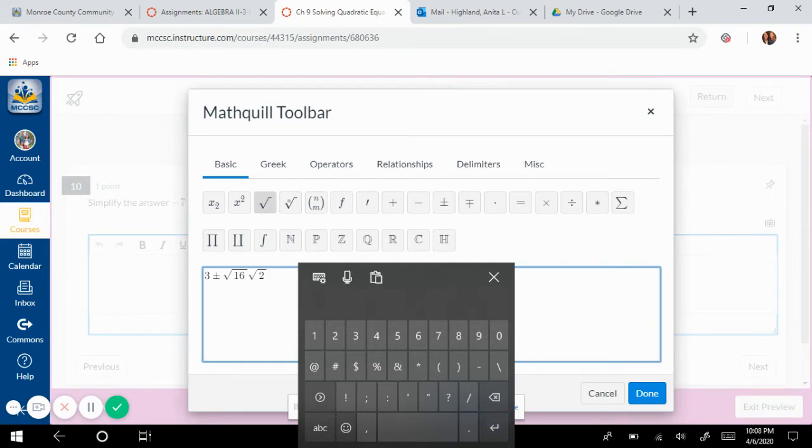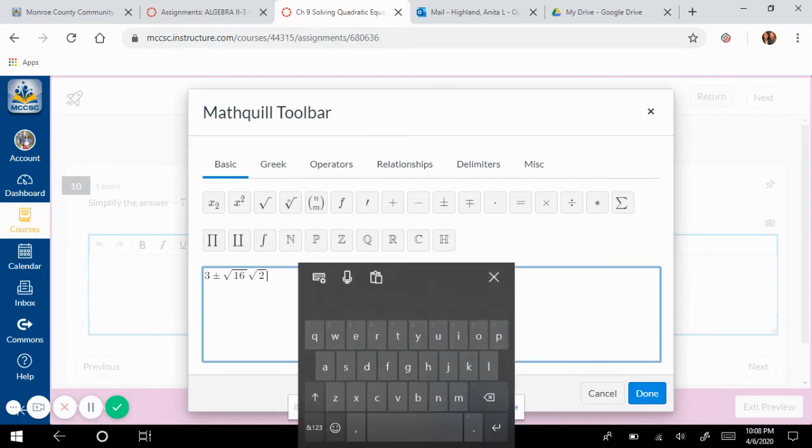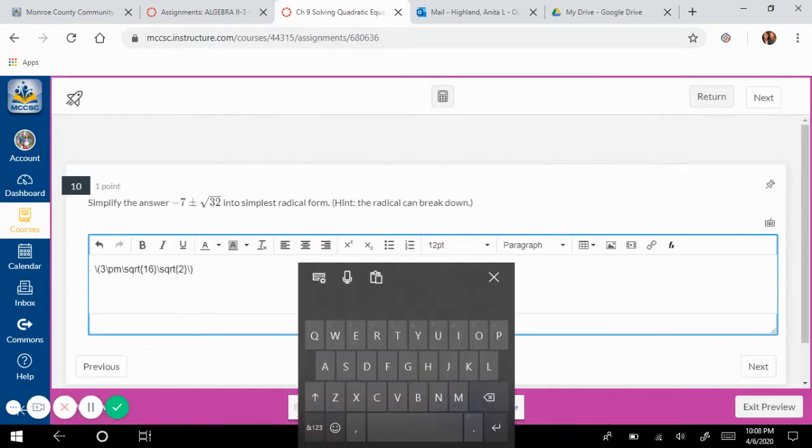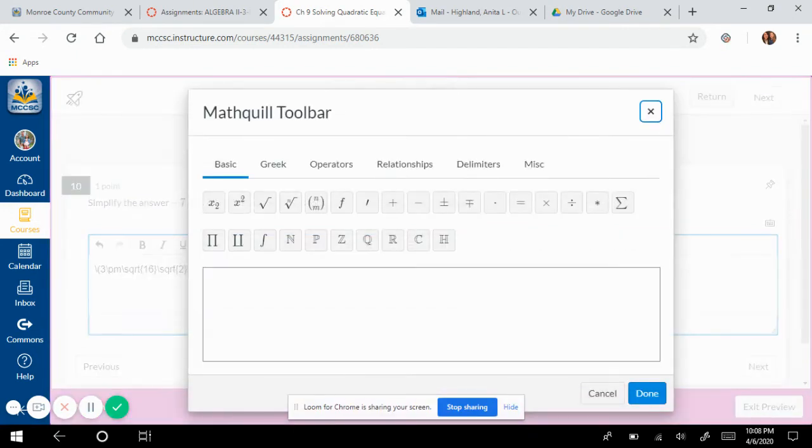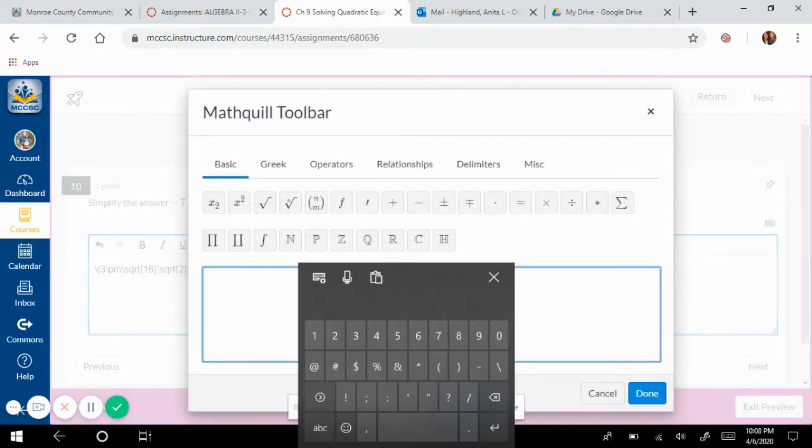Let's see, it doesn't let me go down another space, so I probably need to hit done. Now I can hit another space and go back to Math Quill. I think I wrote 3 in the first one and it needed to be -7. I'm looking at the wrong problem.